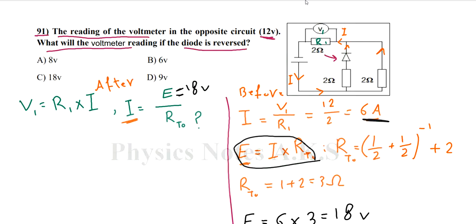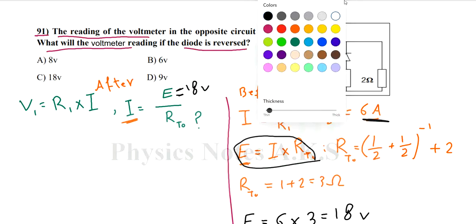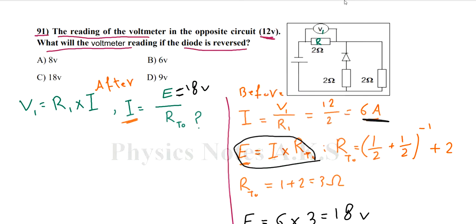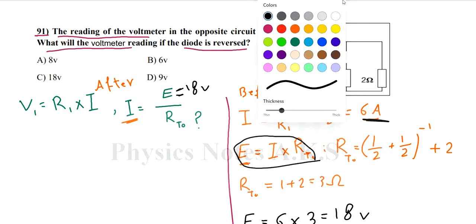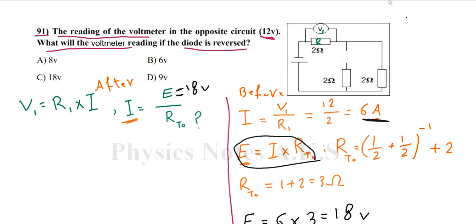Now let's explain what happens when we reverse the diode. Let me erase these things here. Just stay with me for a while, please. I'm going to draw over it with black. It became here, and here is the diode, so we reverse the diode.